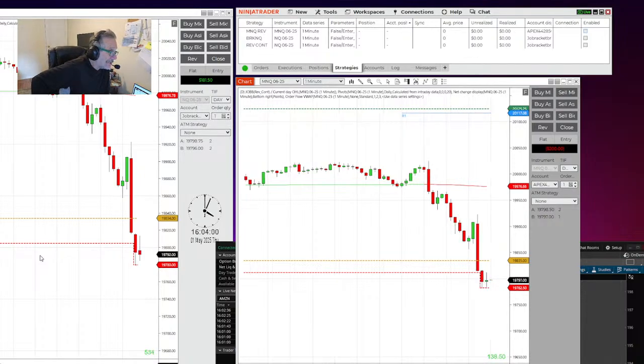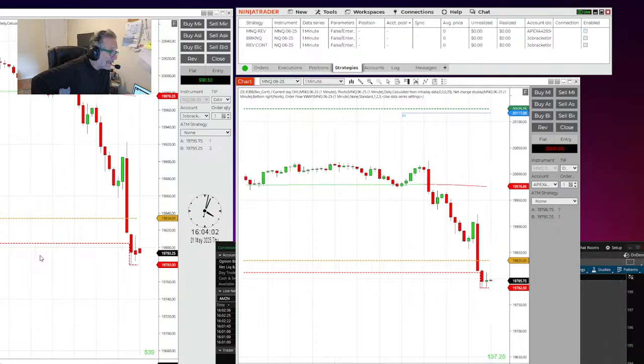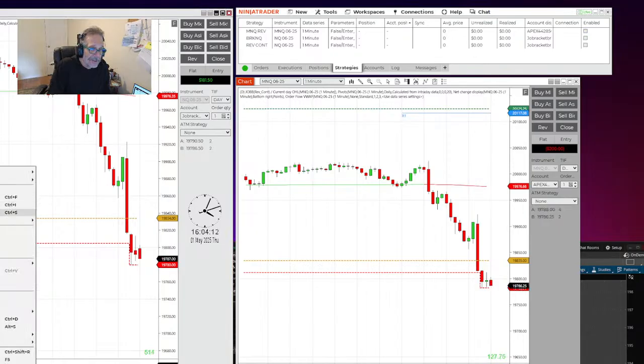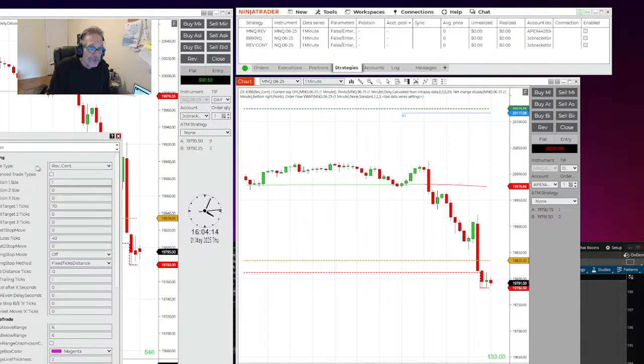So NQ is going to be 10 times that. Yeah, exactly, Ian. That's exactly what it does. So looking at the strategy, when you choose reverse continue, all you need is a position and a target and a stop.